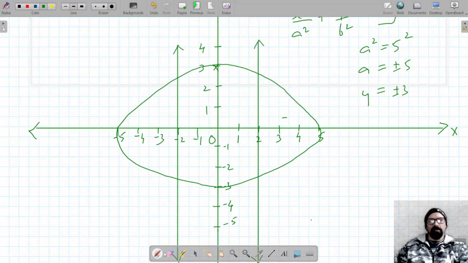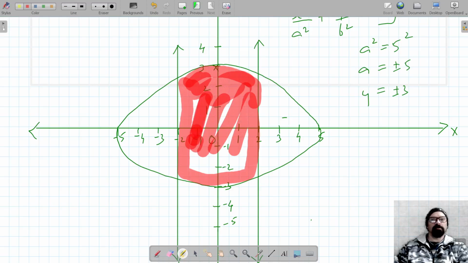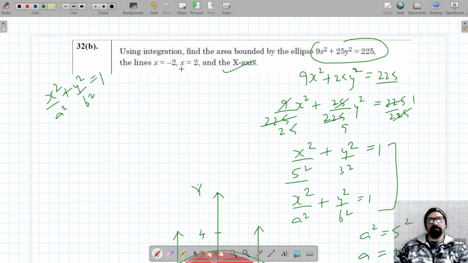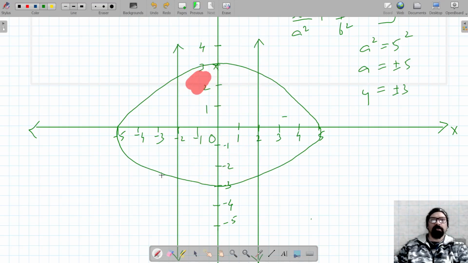Now we have to find the area, and our area is this one, between the x-axis, x = -2, x = 2, and the ellipse.